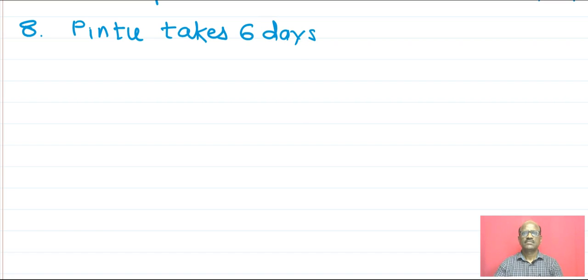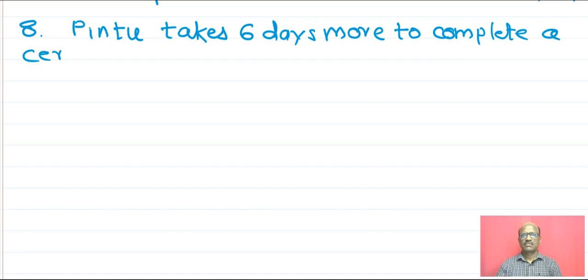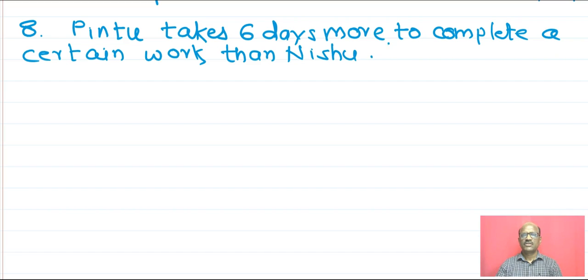Now next, number 8. Pintu takes 6 days more to complete a certain work than Nishu.